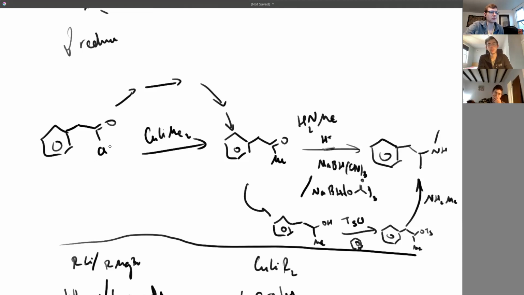Whatever way of getting from this start to this end that works would be fine. I think that reductive amination is the only way to get this final product though. Like I think whatever way you want to do the synthesis, you will have to do reductive amination at the end. Okay, maybe not necessarily, but any other way would probably get really involved.